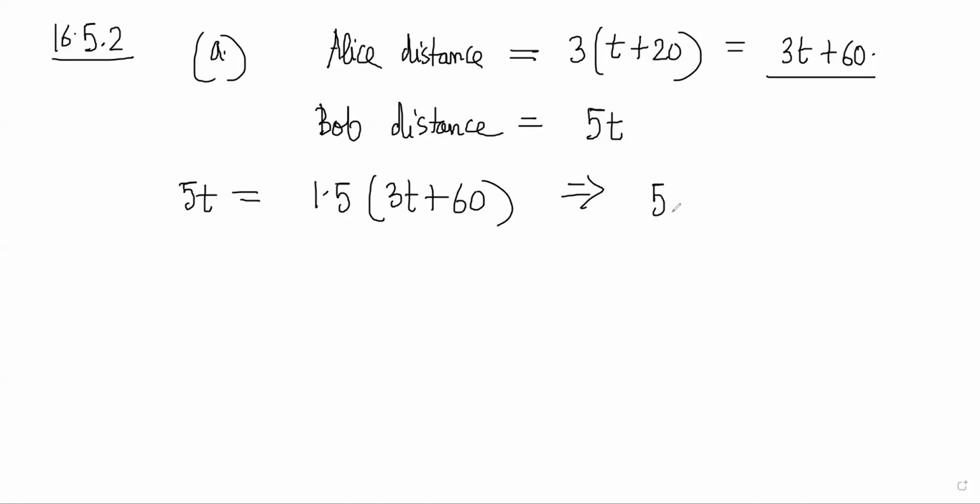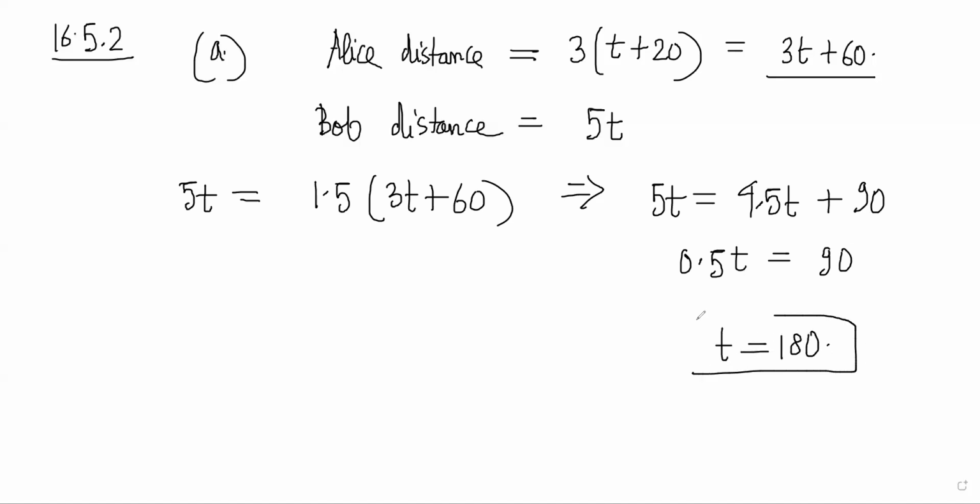Yeah, and then I just solved that equation to get that 60 is equal to T. Okay, T is 180, no? If you multiply 1.5 of this, what are you getting? 4.5T plus 90, right? Oh, I wrote 3T plus 20 in my answers. Oh, okay. But then if you do it with 60, yeah, then it's 180. Take T as 180 seconds.